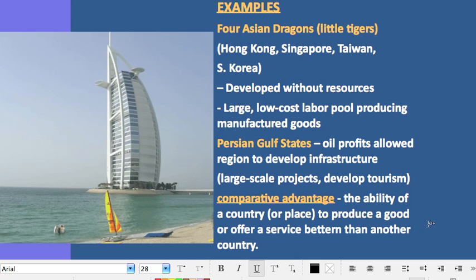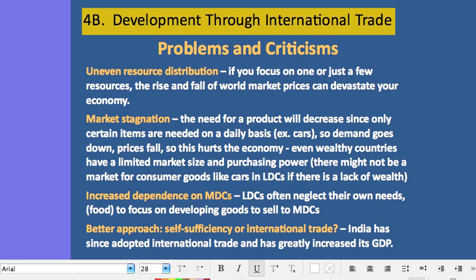So this is what we're looking at with the international trade approach: to find what your country does really well and capitalize on that, invest in that, and market that, and make money by trading that product or providing that service to the rest of the world. So trying to find the thing that you have a comparative advantage in.